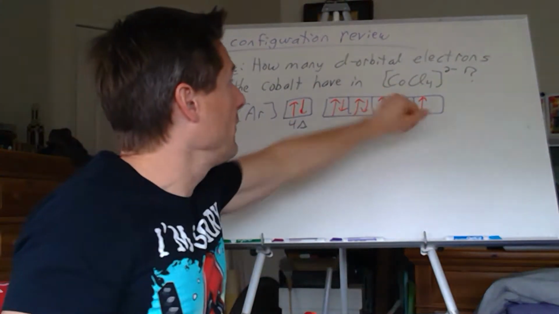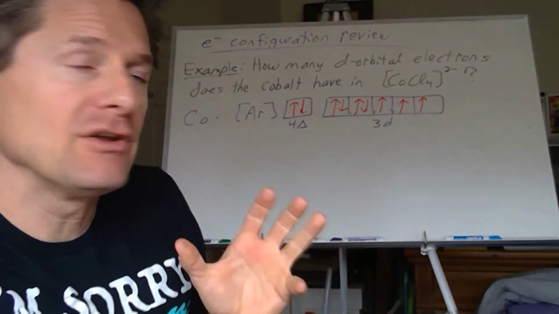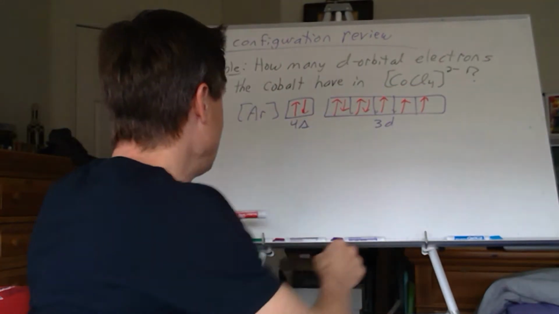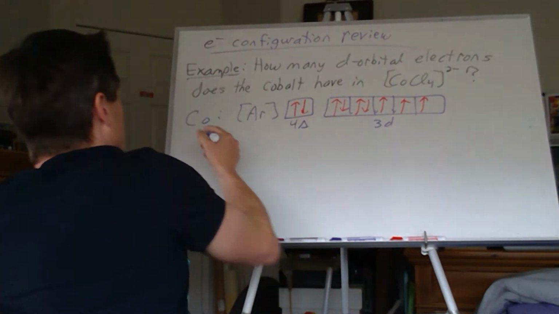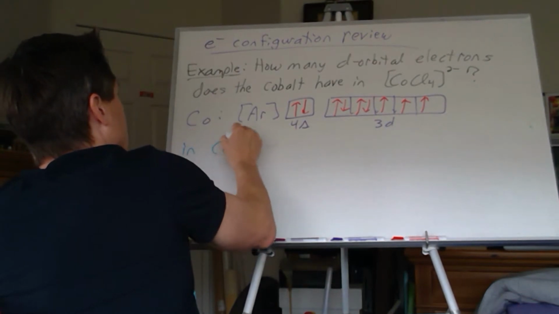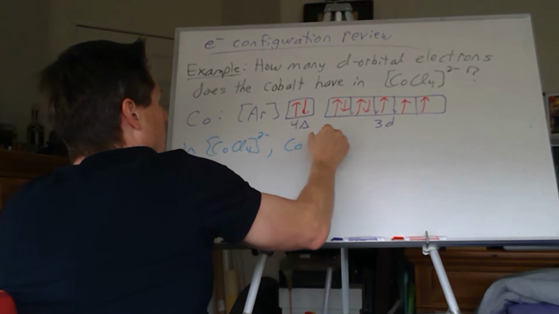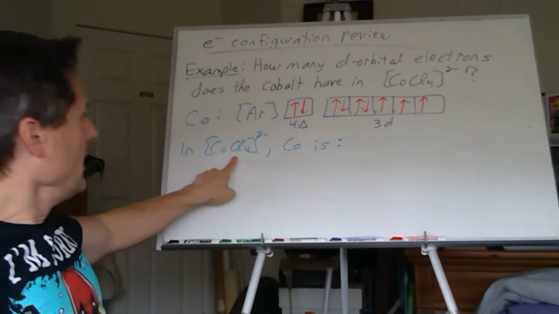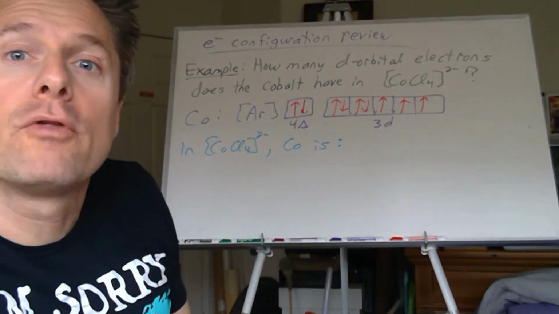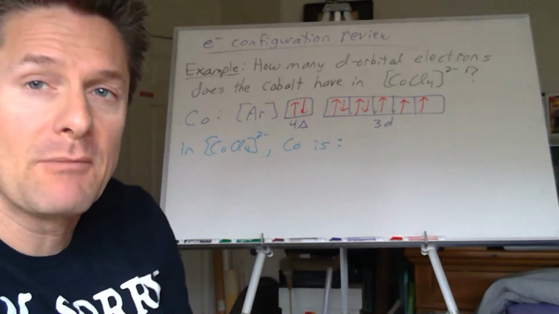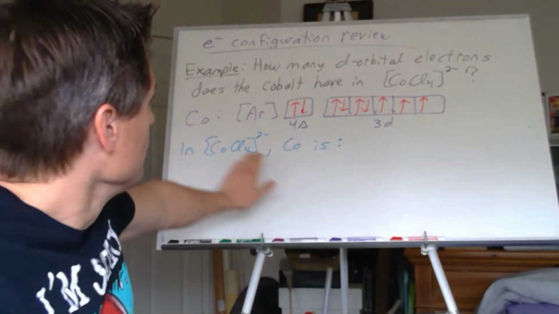We need to figure out what the charge, or oxidation number, of cobalt is in here. Let's take a look at it. So in this species, can you see that the chlorides are a -1 each? I'm not going to write down the algebra. Do it if you need to, right?